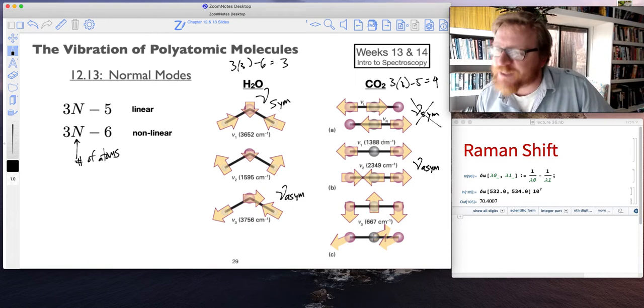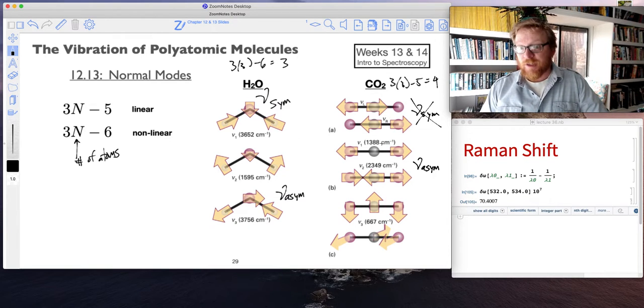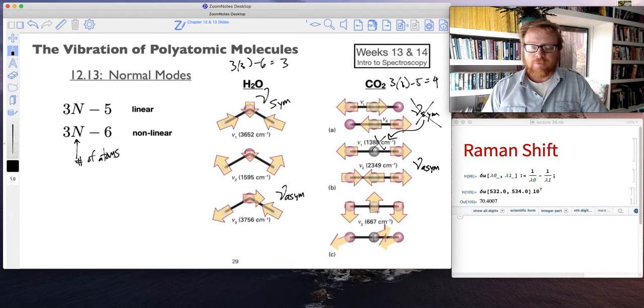It would occur at 1388 if it were observed, but it is not observed, so we don't see that. Apologies for that confusion. But at 2349, that's our big prominent CO2 peak that we see not only in FTIR spectra, but what's also principally responsible for the greenhouse effect. So that's the strongest line for CO2.